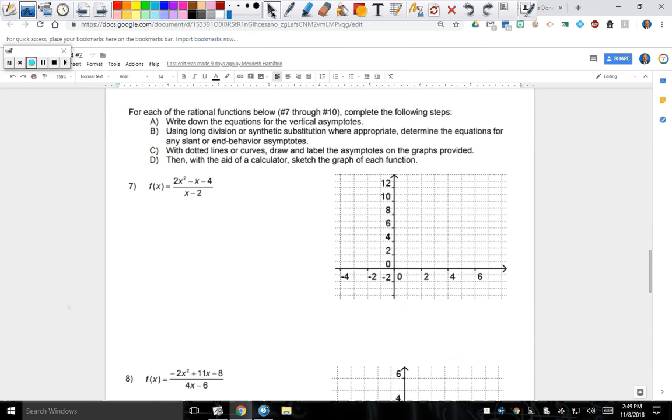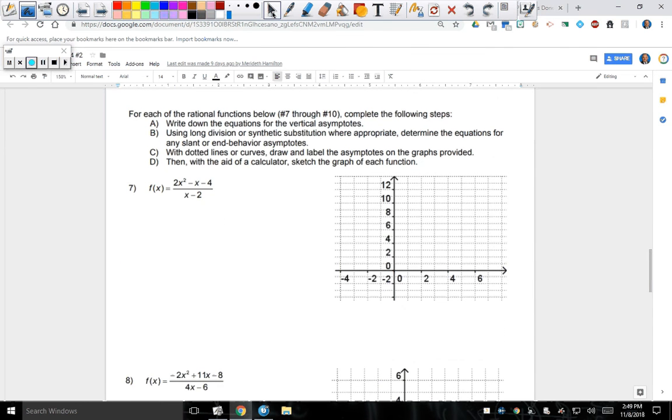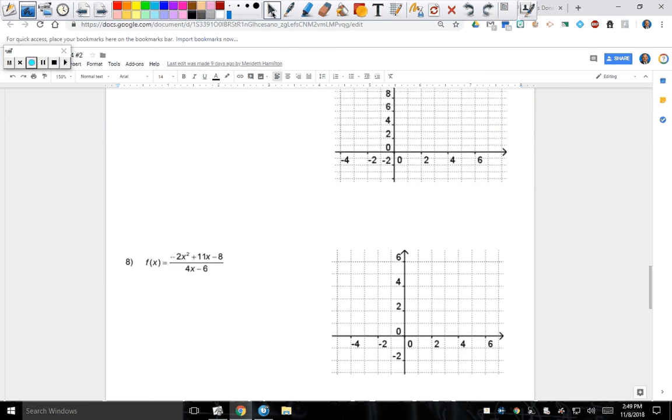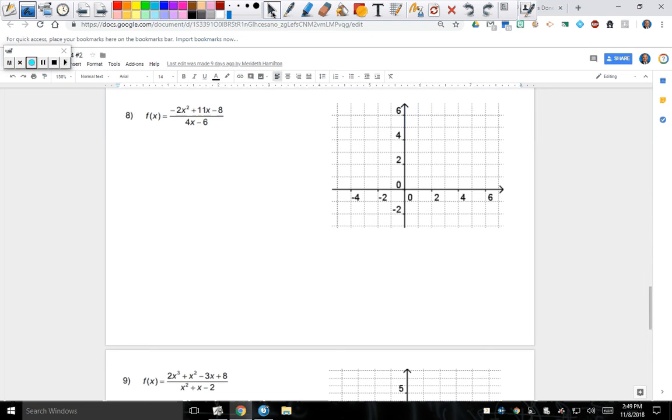So number 8 is saying write down the equation for the vertical asymptotes and use long division to determine if it has a slant or end behavior. With dotted lines, draw them, sketch them, and then with the aid of the calculator, graph it. So this is saying, guys, with a calculator, you want to see what this finally looks like at the end.